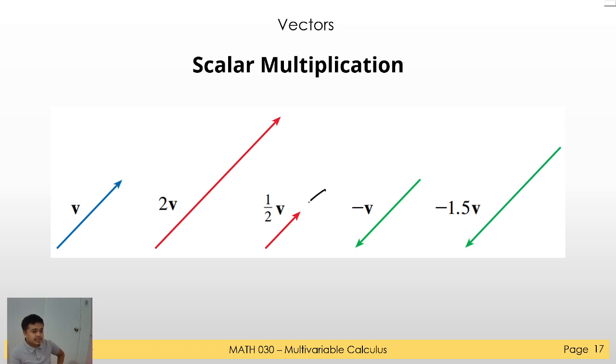So we have this original vector v. If we multiply it by 1/2, then it will be half. If we multiply it by a negative number, let's say -1, the direction will be swapped. Instead of the direction going upwards, it will be in the opposite direction.